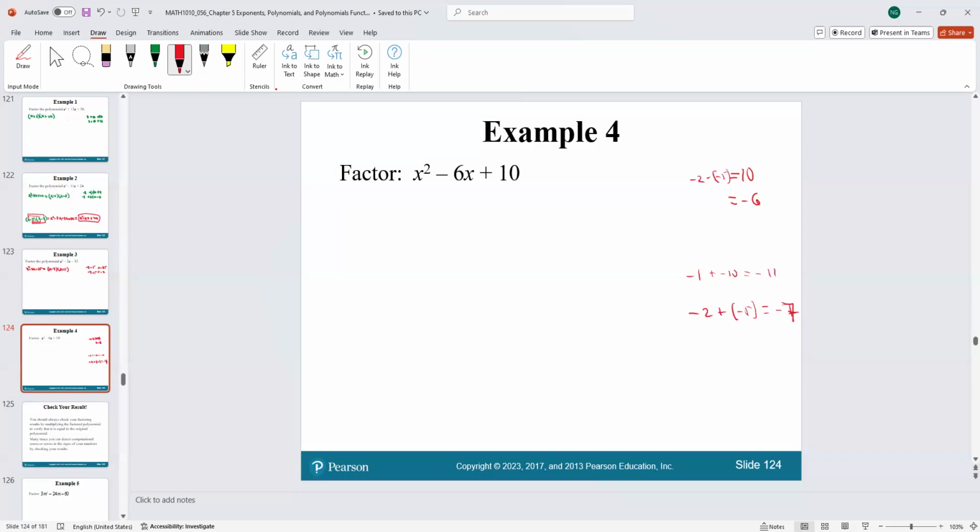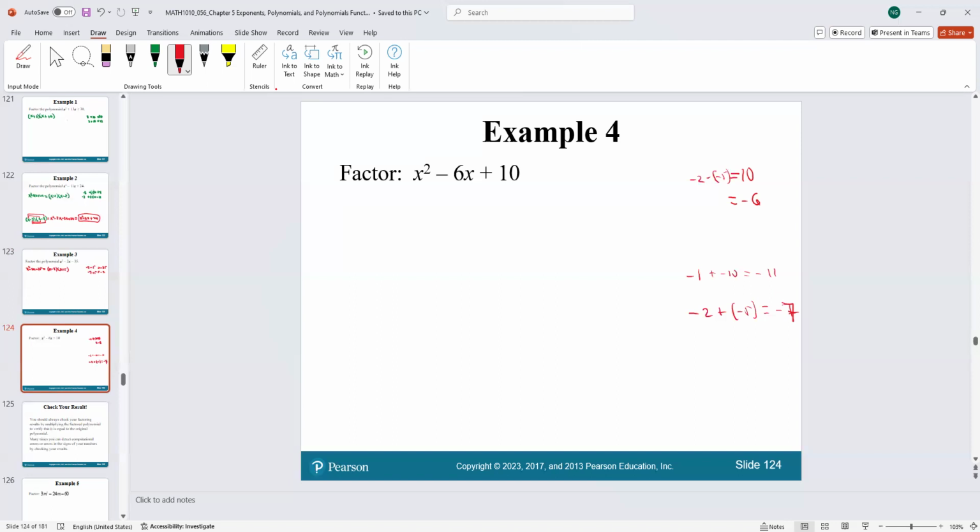So we look for two numbers whose product is 10 and whose sum is negative 6. The two numbers will have to be both negative. The negative factors of 10 are negative 1 times negative 10, and the addition would be negative 11. Negative 2 times negative 5 is positive 10, but the addition gives you negative 7.